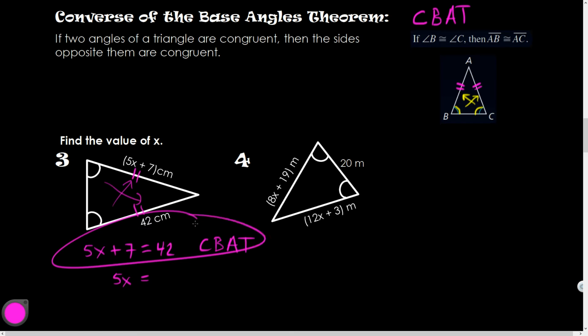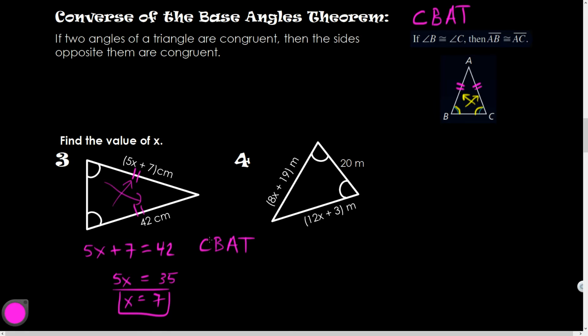It's really the geometry that I'm teaching you today. Subtract 7 both sides, 35. Man, that would be embarrassing. I'm like, you guys all know algebra, and then I proceed to mess up on my algebra over and over and over again. Oh, and now I've added pressure to myself. X is equal to 7 when I div both sides by 7. And that's true by the CBAT, converse of the base angles theorem.